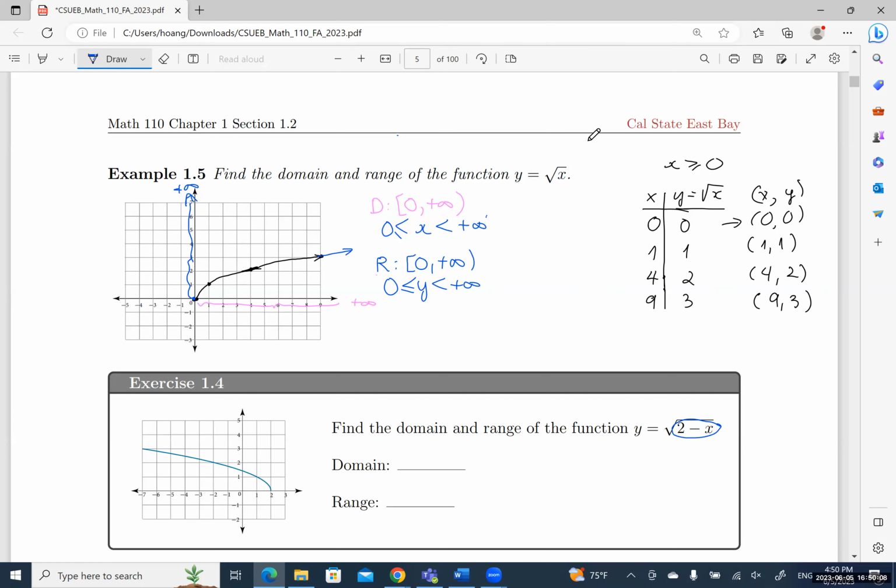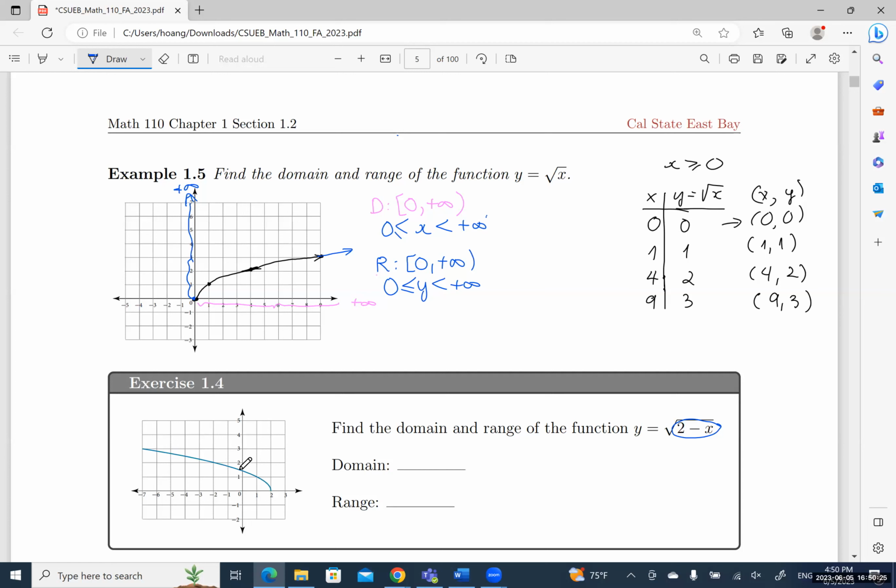And you see the graph over here, right? Okay, so I would like to leave this for you to input the domain and range, right?